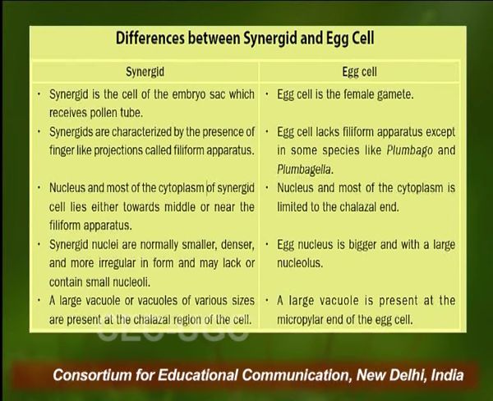As discussed, in the egg cell the vacuole is present at the micropylar end, whereas in the synergid the vacuole is present at the callosal region. Synergid nuclei are normally small, whereas the nucleus of the egg is large and also has a prominent nucleolus.